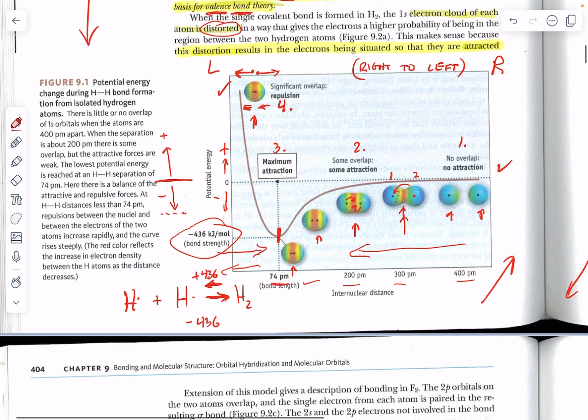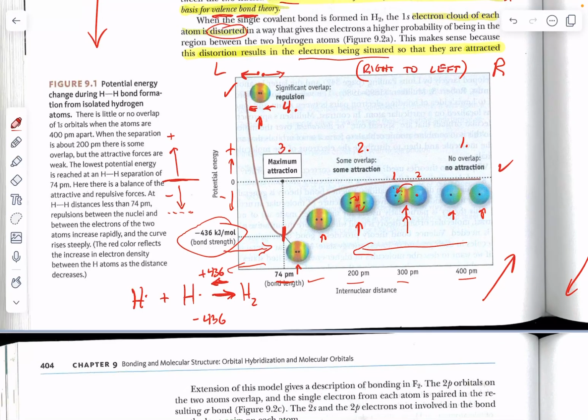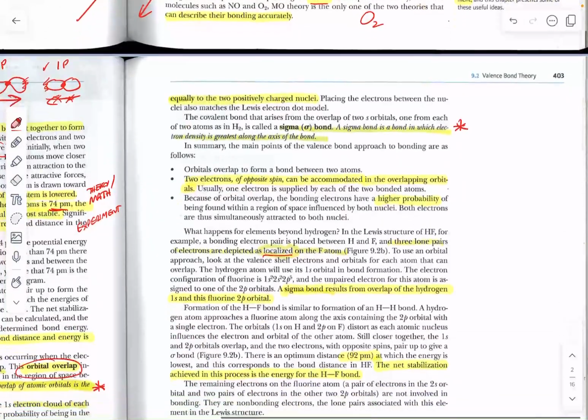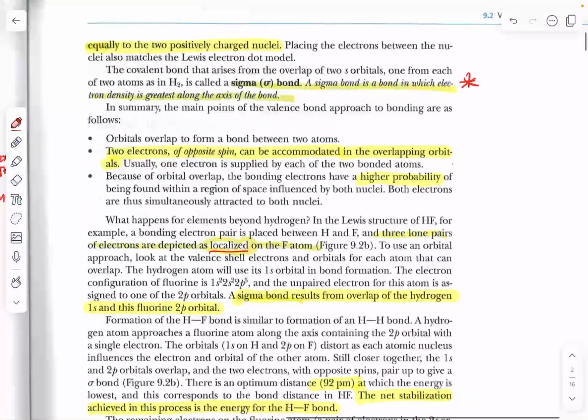And the distortion results from electrons being situated so that they are attracted equally to the two positively charged nuclei. The electrons in hydrogen atom number 1 are attracted to the proton, the nucleus of hydrogen atom number 2, and vice versa. Now we're going to call this by a new name.